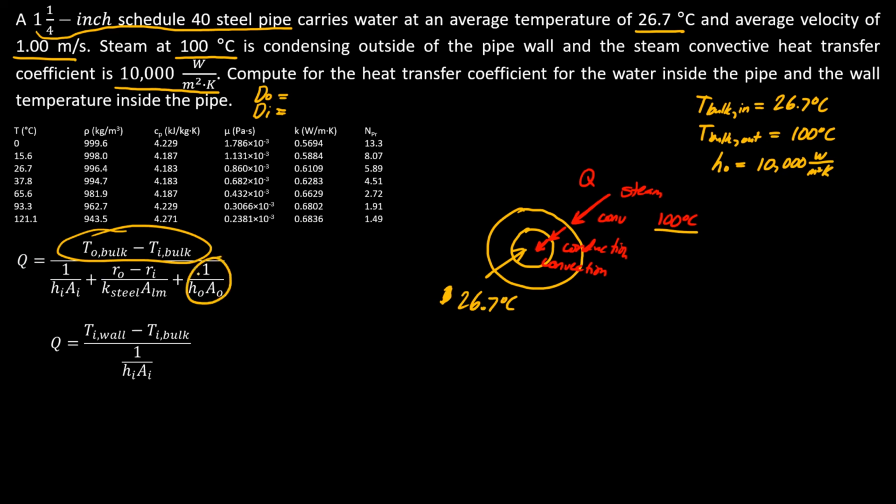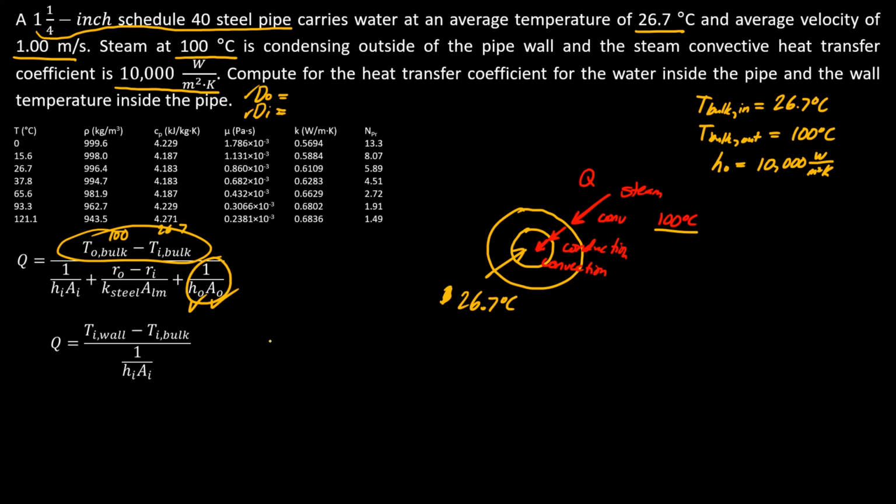We have a resistance outside due to convection. H sub O is given. A sub O, basically, it's already given once we check the table for the outside diameter for this type of pipe. 100, 26.7. And also RO, it's basically from here, minus RI from here.